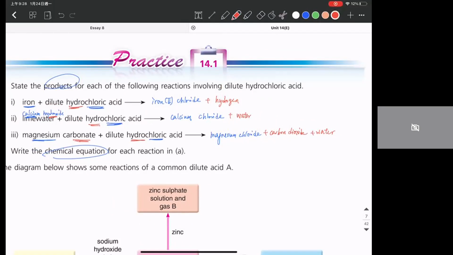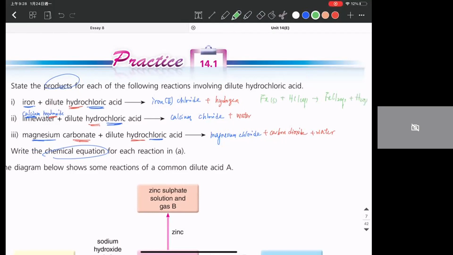So what we should do next is to write down the equations for the reactions involved. I put it here. Iron and HCl to form iron 2 chloride and hydrogen.